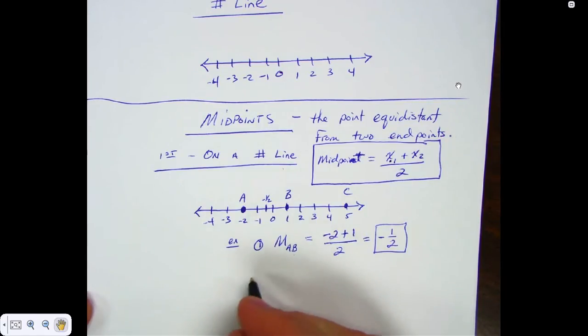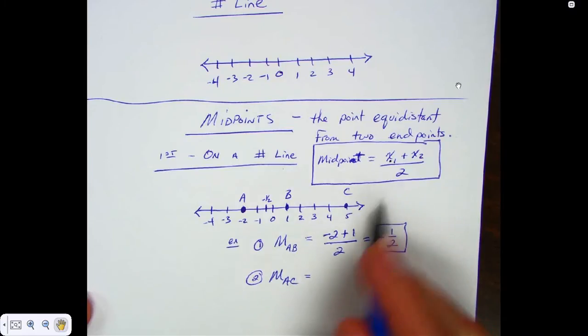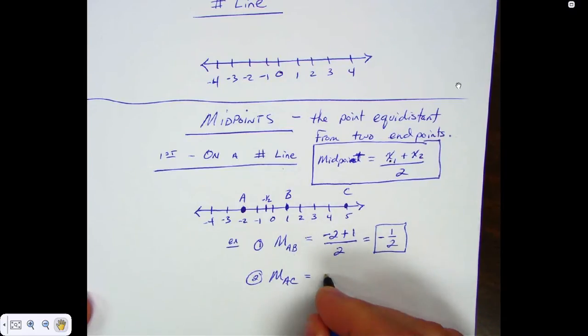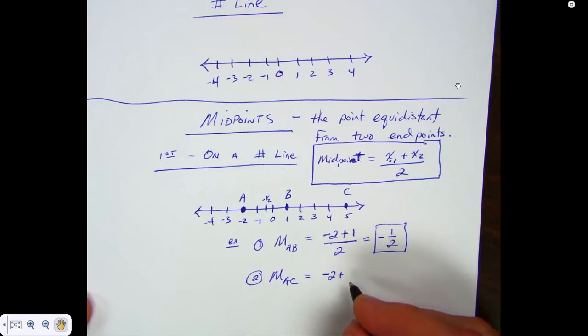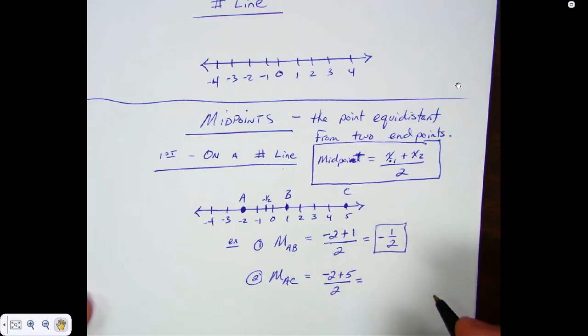So, find me the midpoint between A and C. Well, what changes about what we're doing? Just the numbers, the two endpoints, but the process, the formula, is still the same. What are the coordinates of A? -2 plus, what are the coordinates of C? 5. All of that divided by 2.